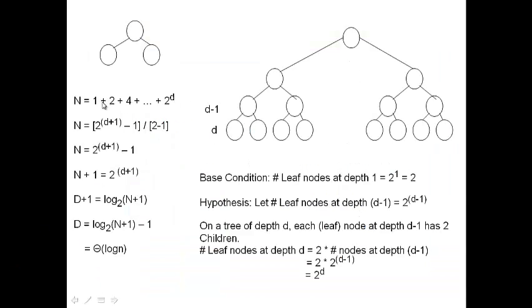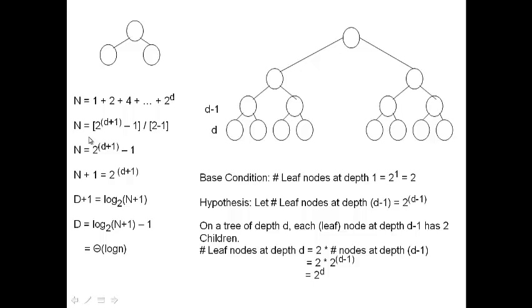If you have 1 plus 2 plus 2 squared plus 2 cubed, and so on, up to 2 raised to d, that is 2 raised to d plus 1, minus 1. This minus 1 is not an exponent, it's just in the regular form. So 2 raised to d plus 1, then minus 1, the whole thing divided by 2 minus 1, and 2 minus 1 is 1. So this is simply 2 raised to d plus 1 minus 1.